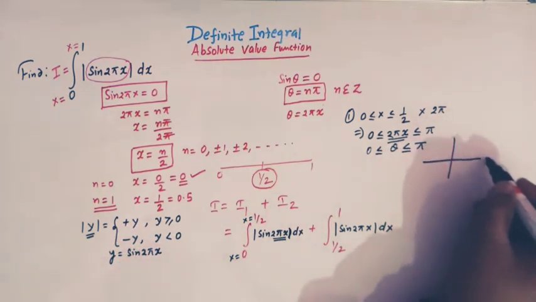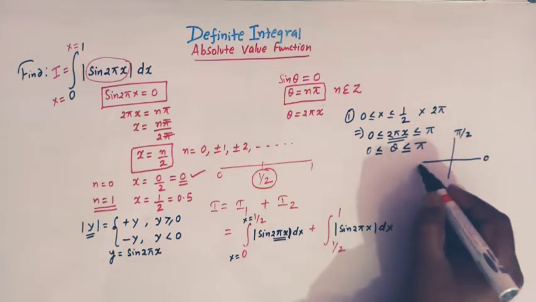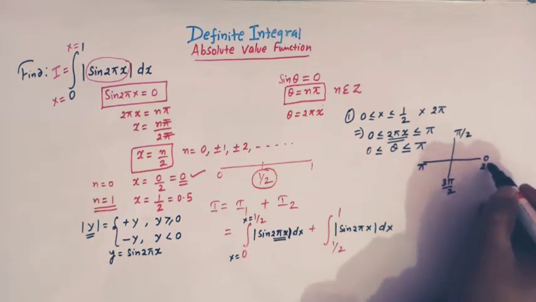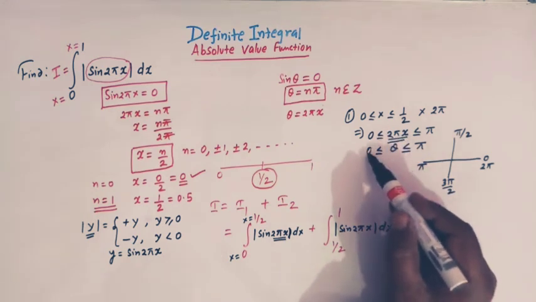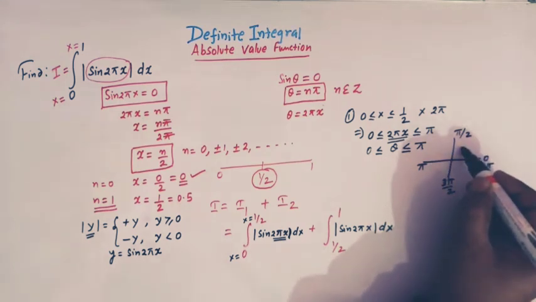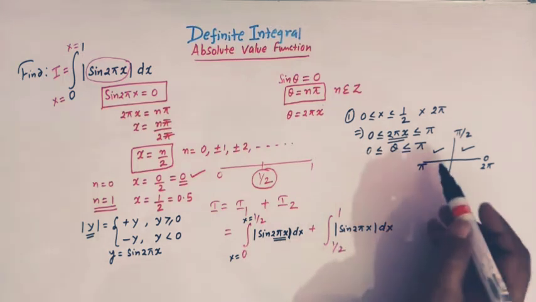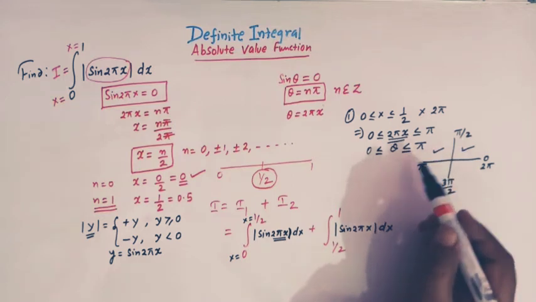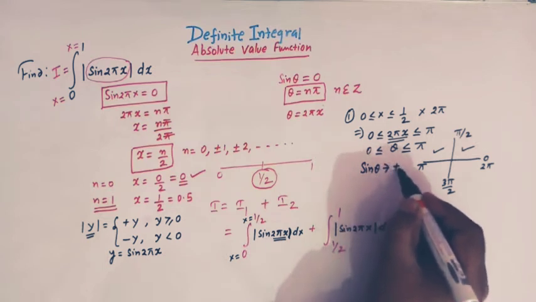So here we have 0, and here we have pi over 2, here we have pi, here we have 3 pi by 2, and then we have 2 pi. So when theta or 2 pi x lies between 0 and pi, it means we are either in the first quadrant or in the second quadrant, and when theta is in the first or second quadrant, then the value of sine theta is positive.